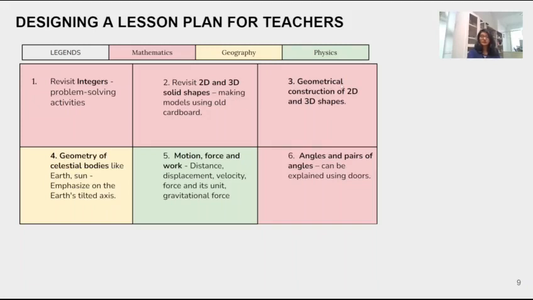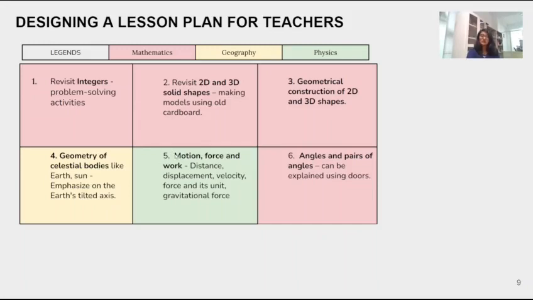Next, the maths teacher can delve into the geometrical construction of 2D and 3D shapes. And once this idea is made clear to the students, the geography teacher can explain to students the geometry of celestial bodies, emphasizing the idea of an axis and the tilted axis of the Earth.